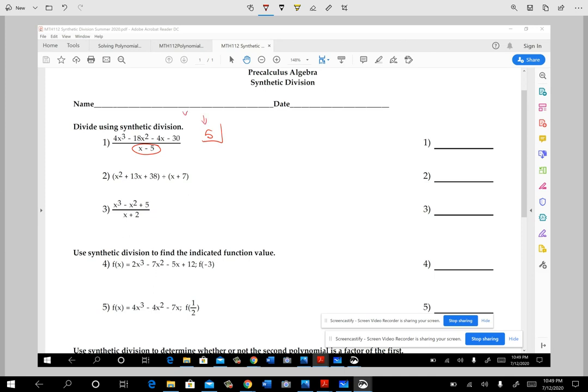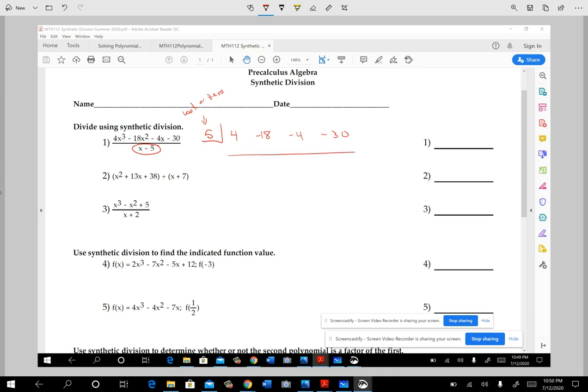So the root or the 0, okay, goes in the box. And then you put the coefficients of the polynomial that was on top down. And notice it went 3, 2, 1, 0. There were no missing terms, so I don't have to put any zeros in here.